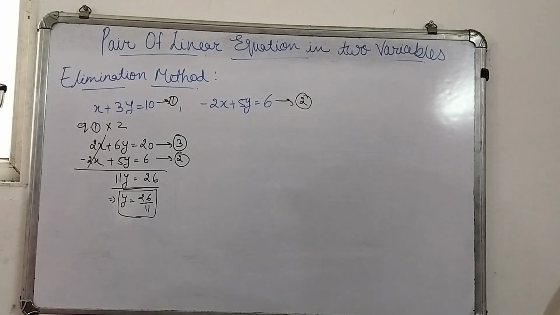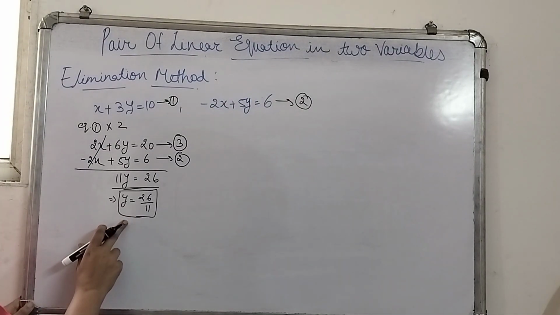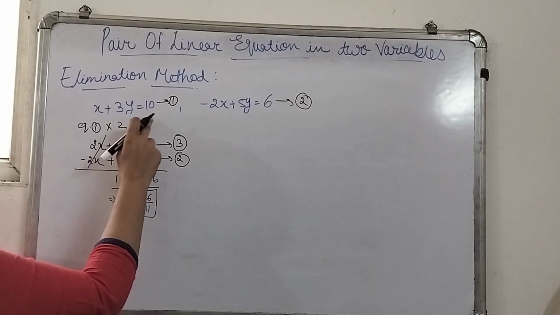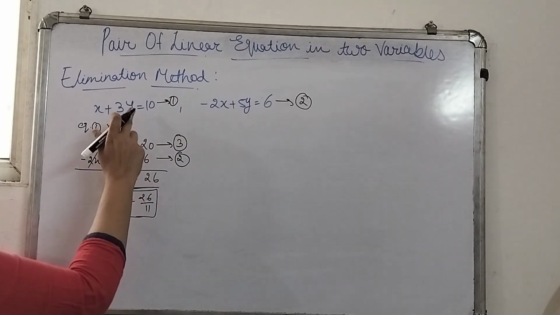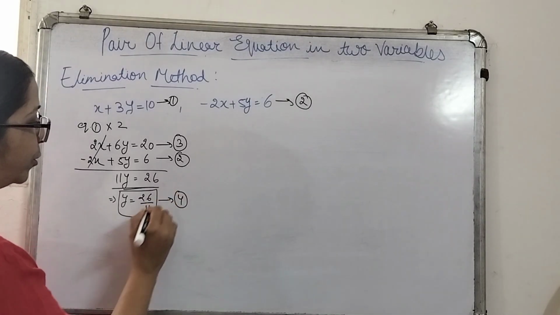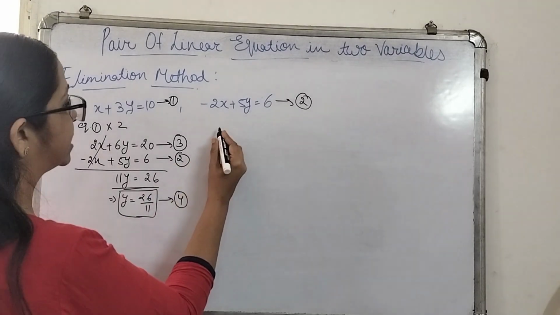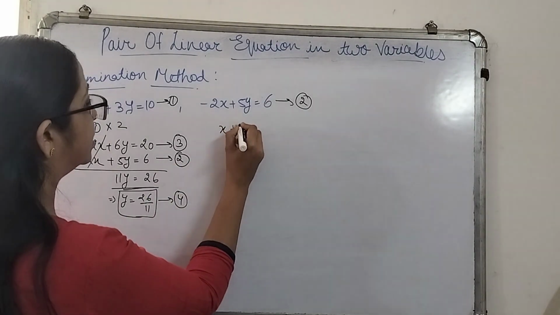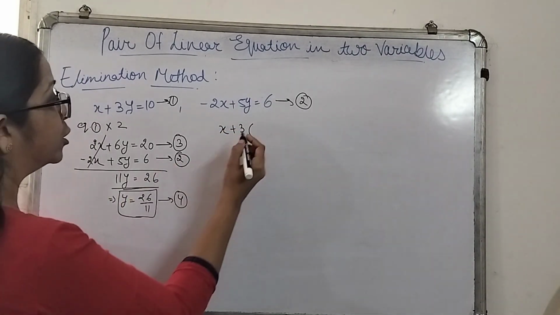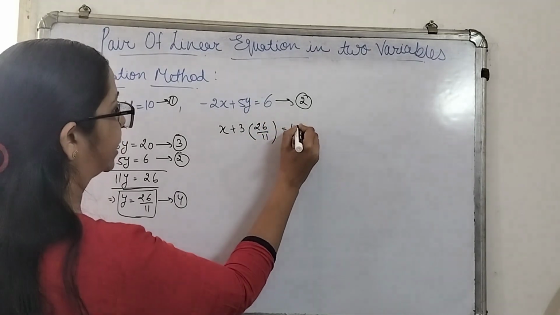Now we have to find the value of x for this y. If the value of y is this, what will be the value of x? We can keep the value of y in any of these two equations. Suppose in equation number 1 we keep this, and this is your equation number 4. From equation number 1 and equation number 4 we can say that x plus 3 multiplied by 26 over 11 is equivalent to 10.